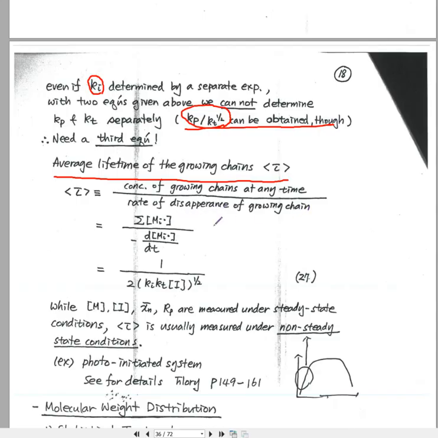I'm not going to go into the details about how we measure this, but just assume that we can measure this tau value experimentally, okay?